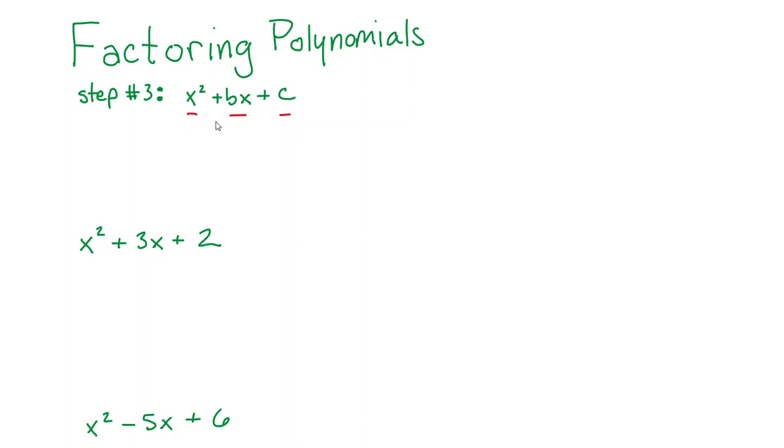I'm going to go ahead and show you what to do if the sign here is positive or negative, and if the sign here is positive or negative. And we'll see that there's slight differences in where those come from and what the answers look like. But the process that I'm going to go through is going to be the same, so that I'm not going to care what the signs are.